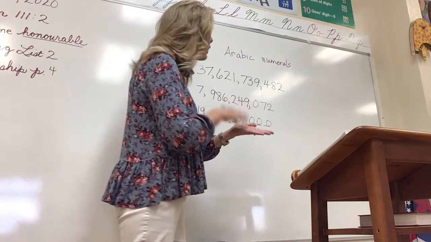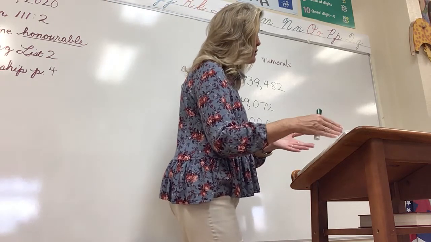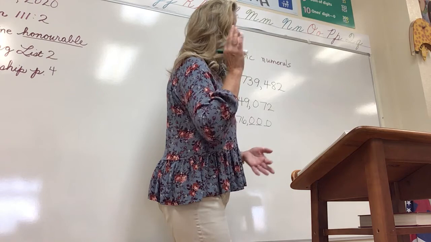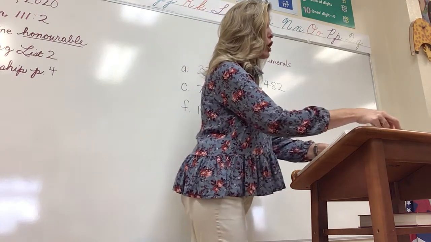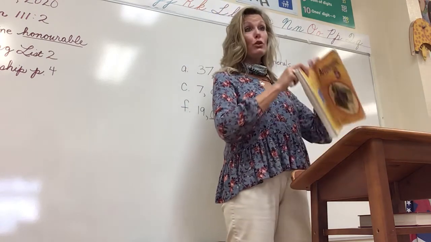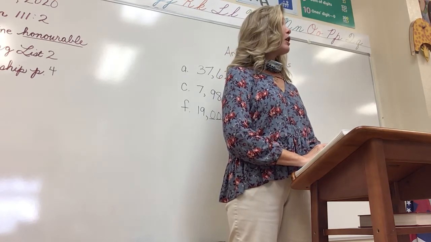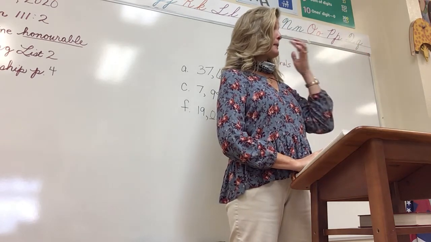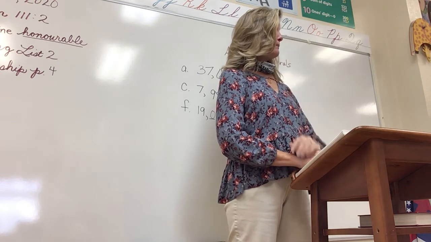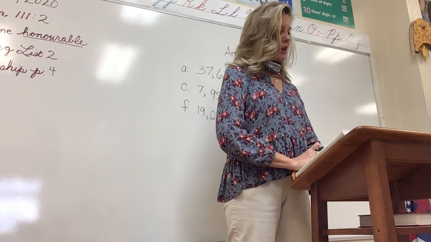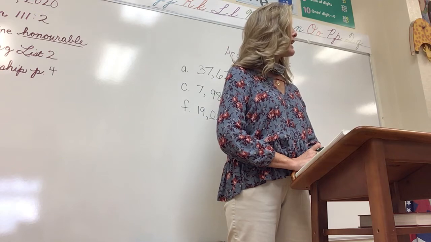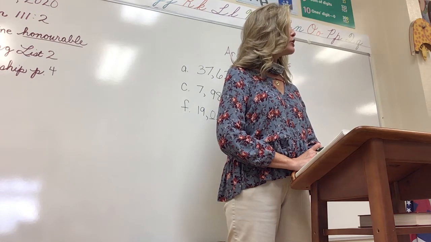All right, you are going to come back and finish the other letters of 3. Move on to 4. And I'm going to call out numbers for you to write. I will call the numbers 3 times. You ready? A, 329,402.